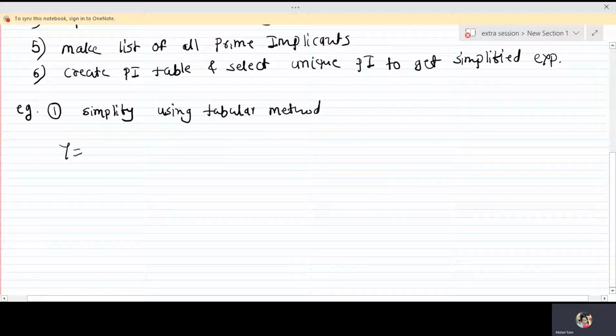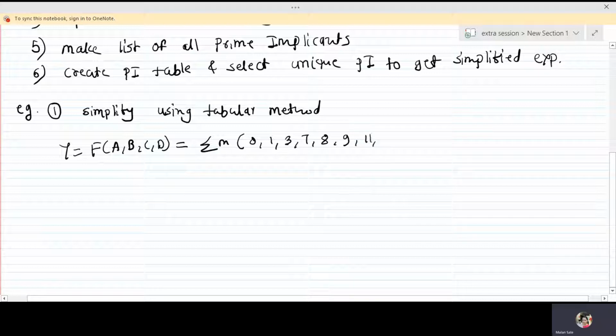Y is equal to f of D, which is equal to 0, 1, 3, 7, 8, 9, 11 and 15.